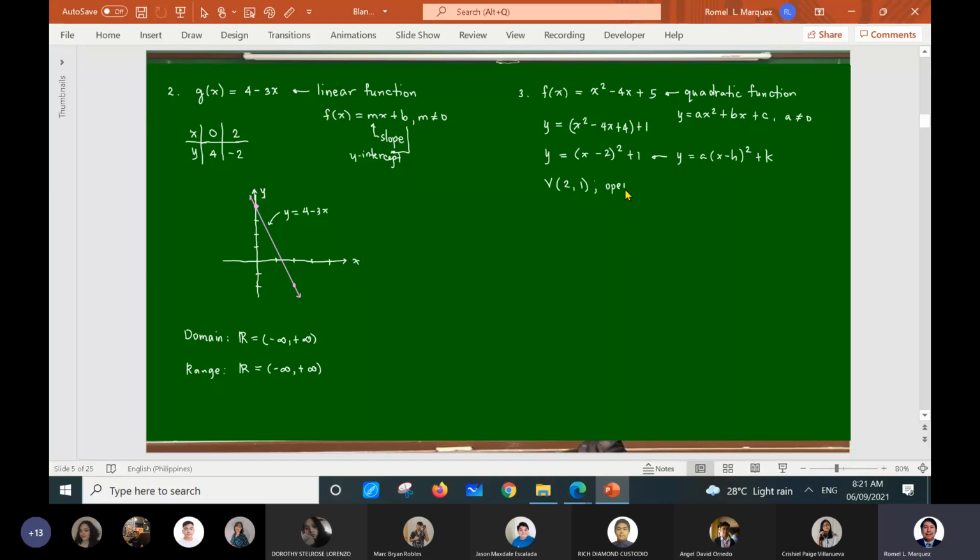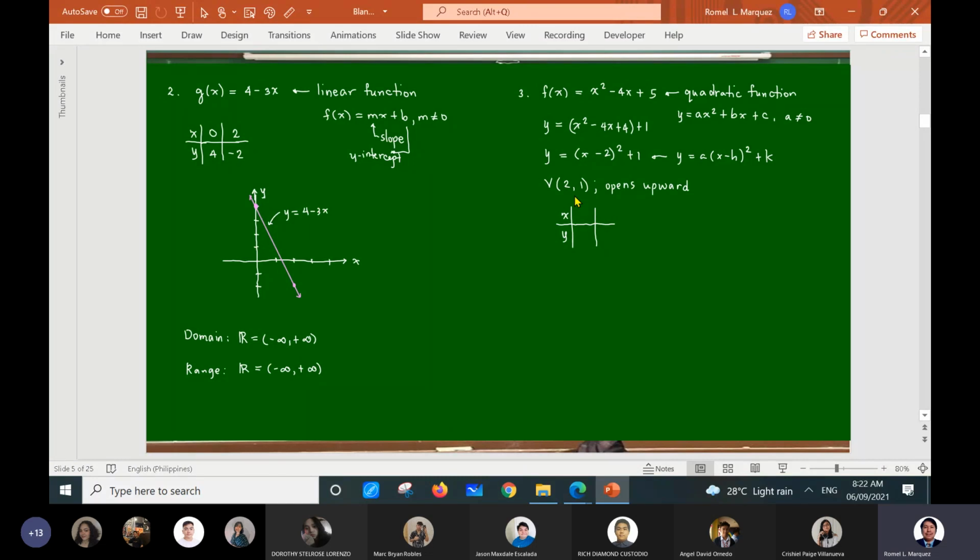You still remember, guys, in your pre-calculus, opens upward. Okay? So let's have some points, no? You're going to assign a value, one value to the left of the vertex and one value to the right of the vertex.